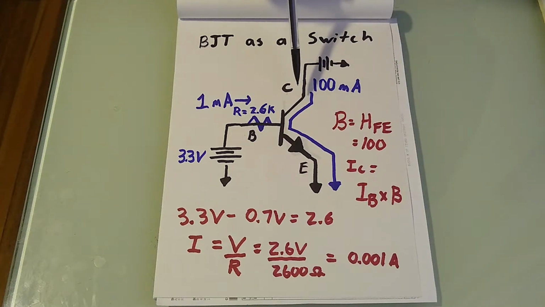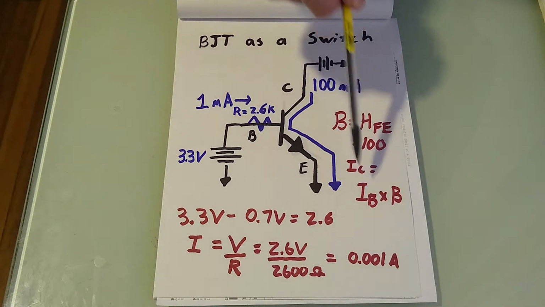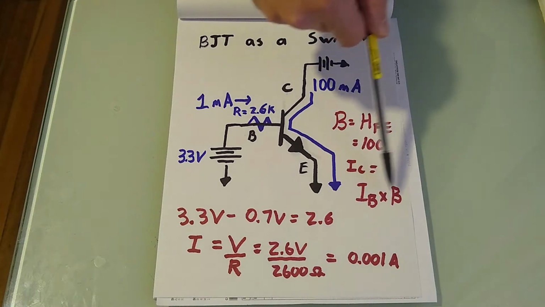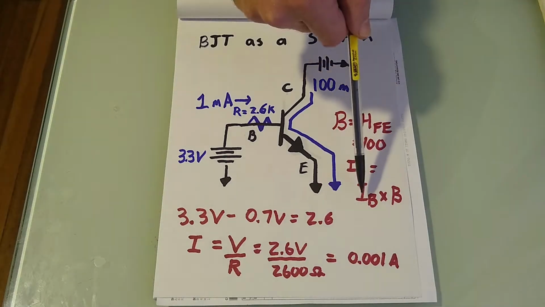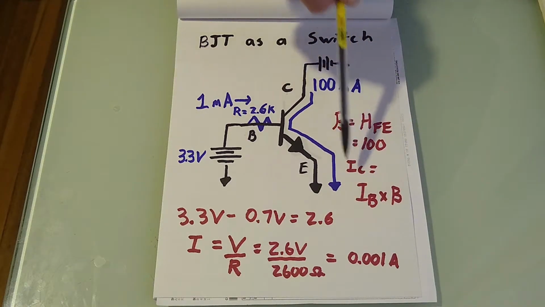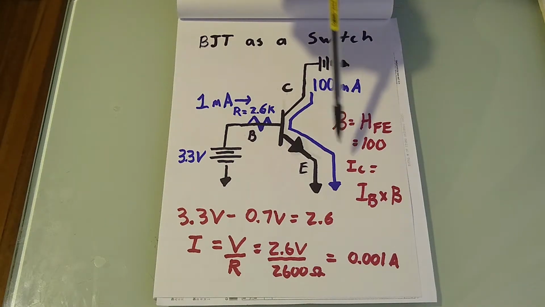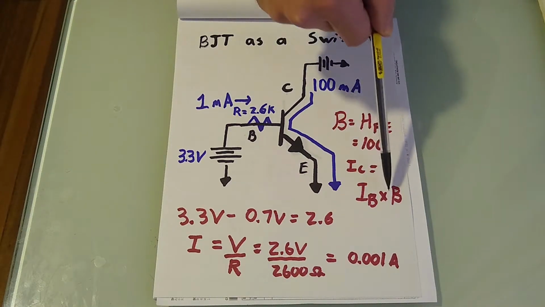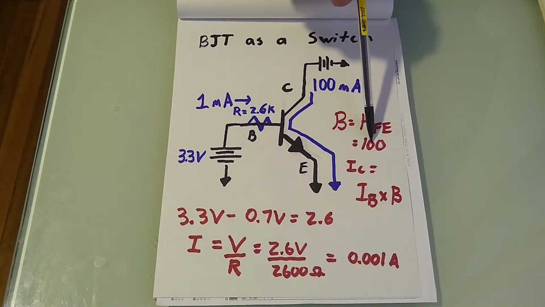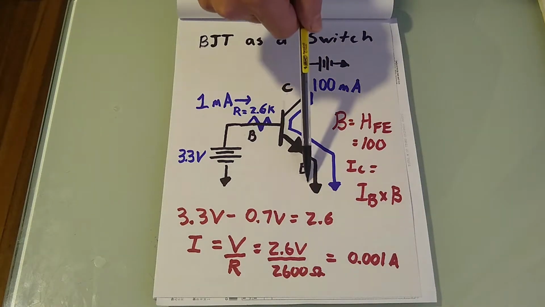And the current is equal to this formula, which is the base current times beta. So IC equals base current times beta. And remember, IC always equals IE. Therefore, IC or IE equals IB, 1 milliamp, times beta 100, which gives us 100 milliamps flowing from the supply at C down through the emitter.